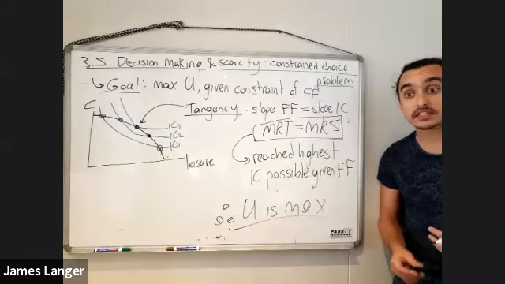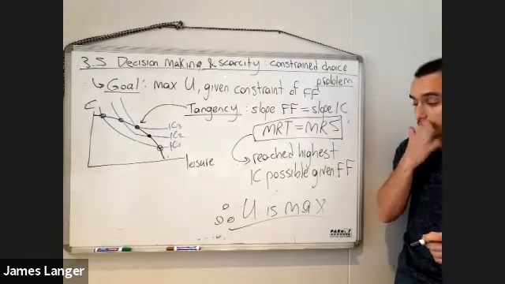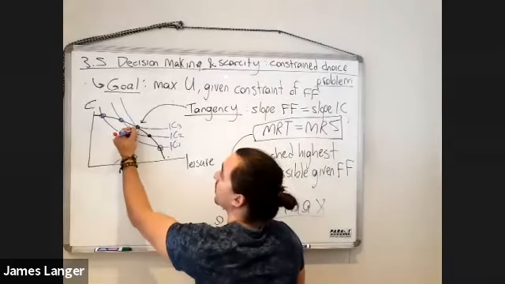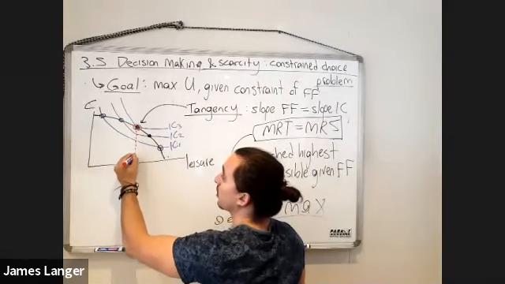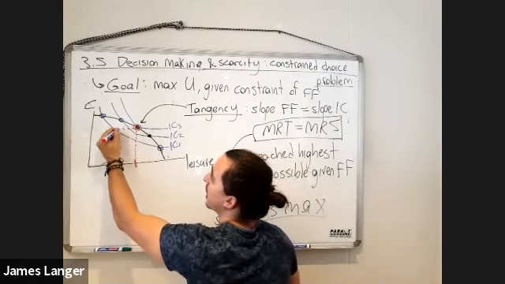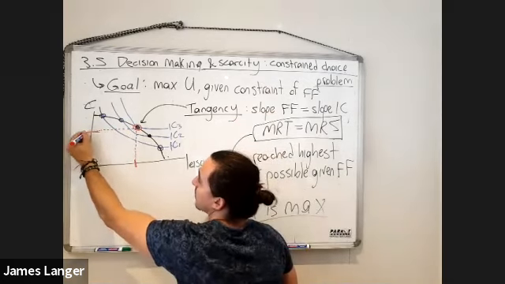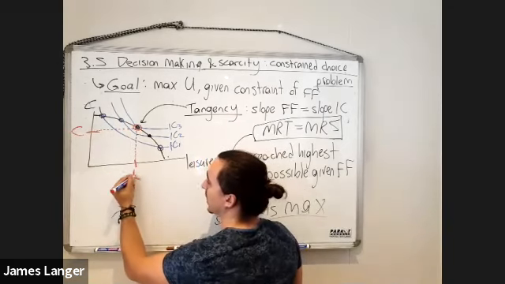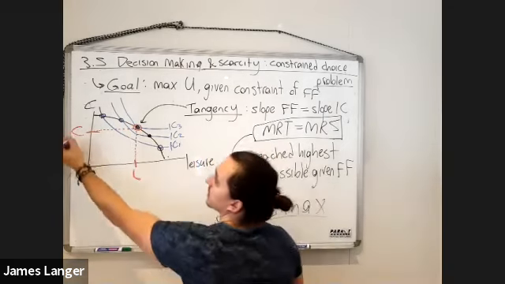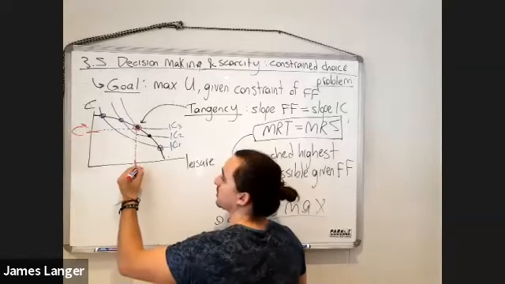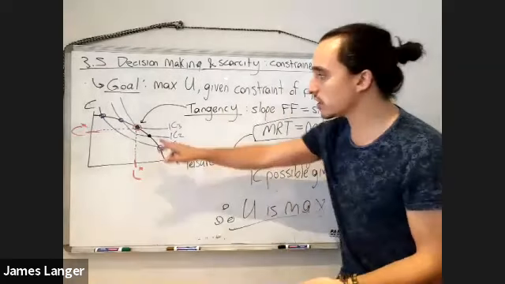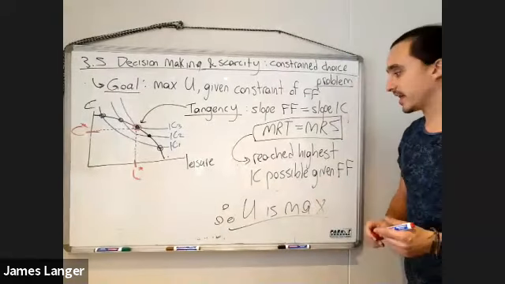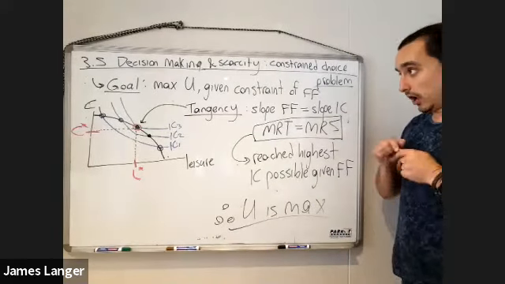I've managed to maximize my utility. So that means that I'm going to consume here, with this being my leisure hours, and this being my consumption. So I'm just going to draw a funny L and a C, C star and L star, just to represent the amount of consumption, and the amount of work that I'm going to do.